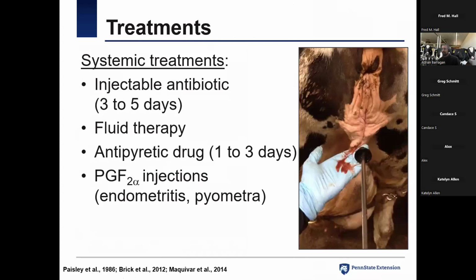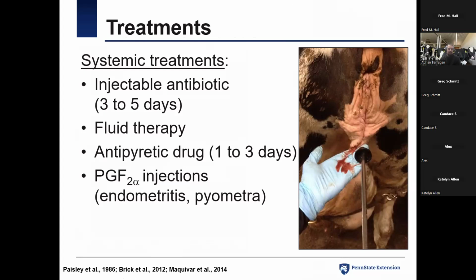So treatments that have been proposed for metritis: it is likely a disease that responds well to treatment, right? Antibiotics, usually 3 or 5 days of treatment, the animals respond well, and there is a good cure rate, about 80%, 85%.